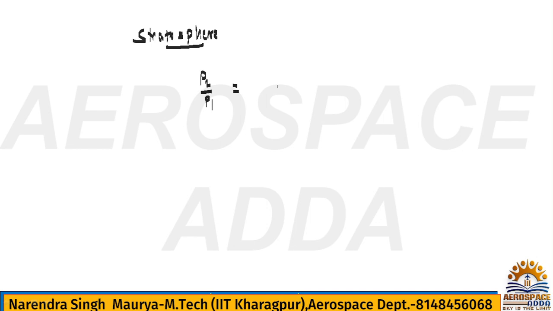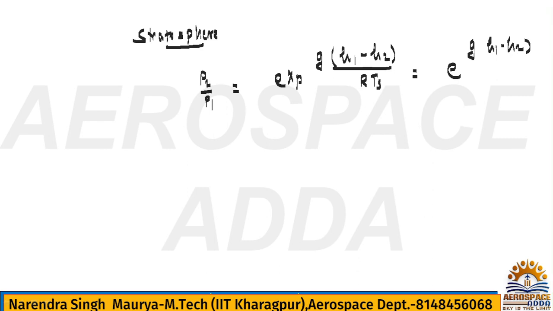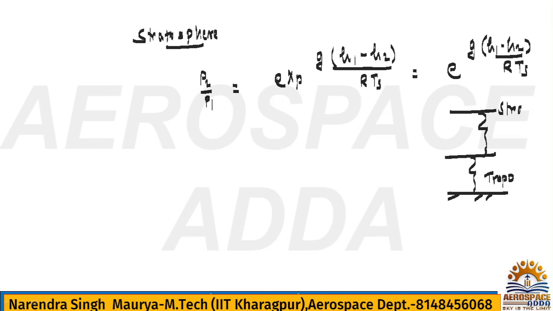P2 by P1 is equal to exponent of g (H1 minus H2) divided by R Ts, that is, e to the power g (H1 minus H2) divided by R Ts. Obviously H1 and H2 are in the troposphere and stratosphere. The stratosphere starts from 11 kilometers.